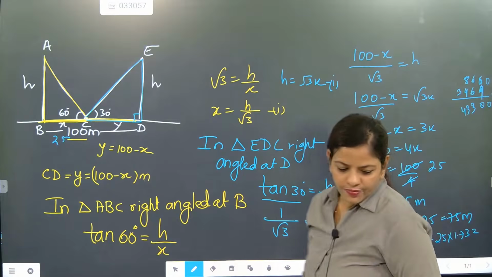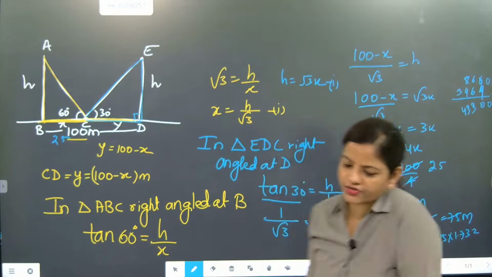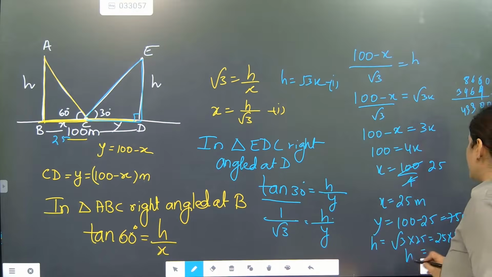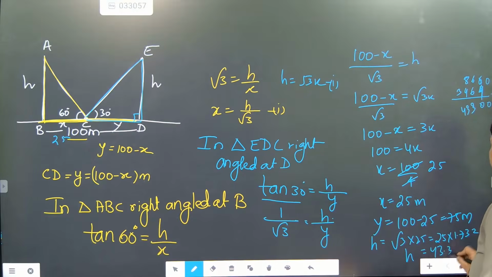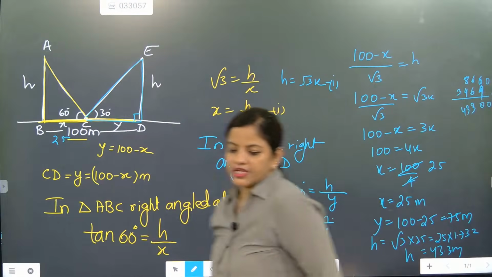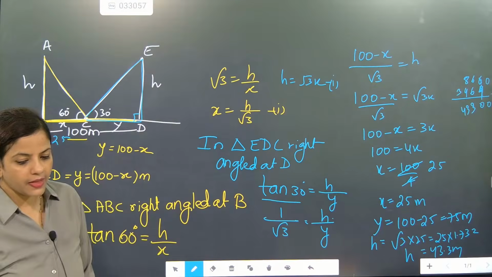Anybody got 43 point something? The answer is 43.3. So the height of the pillar is 43.3 meter.